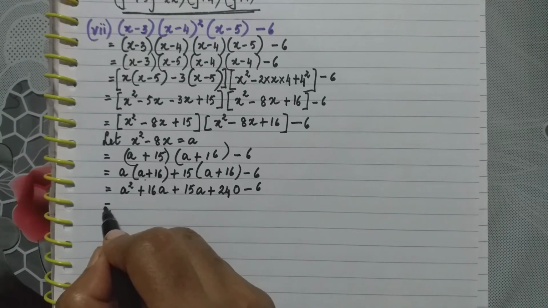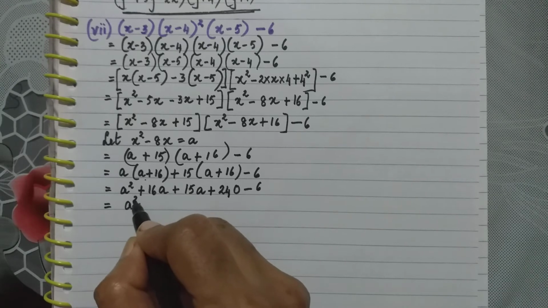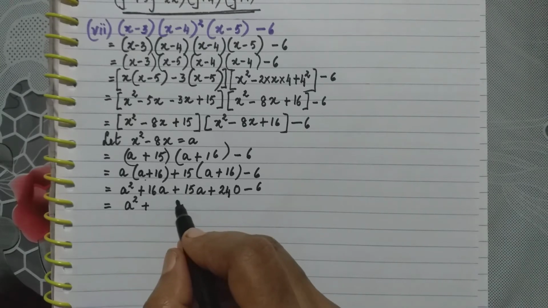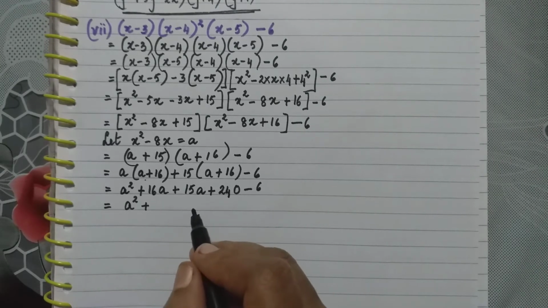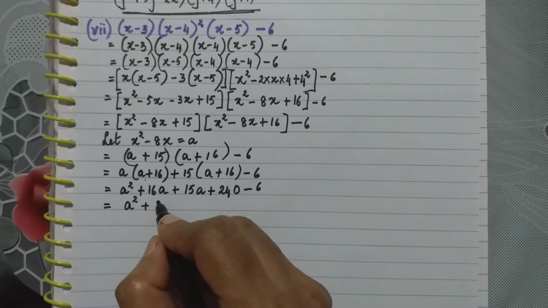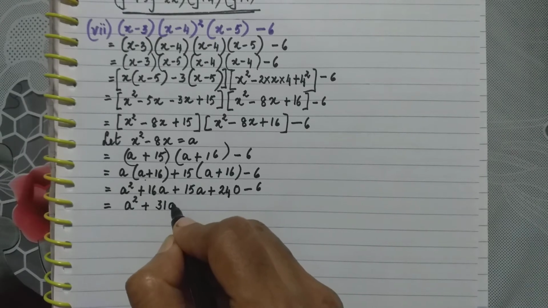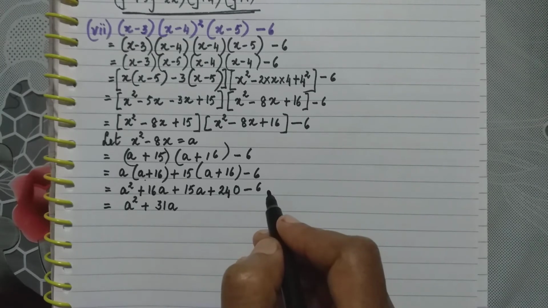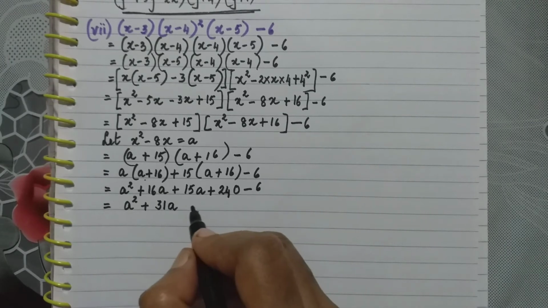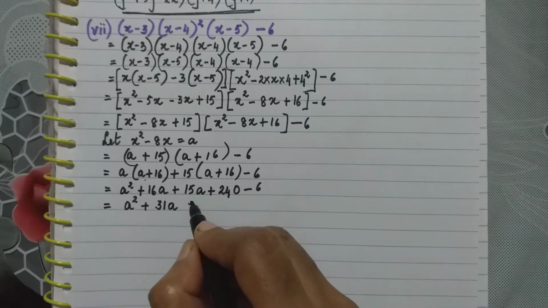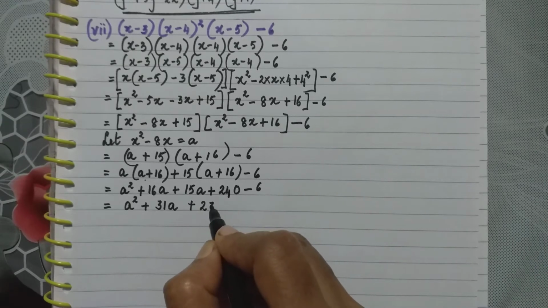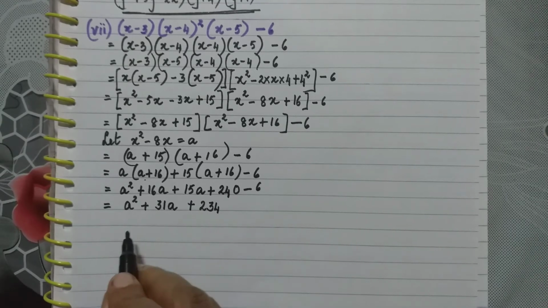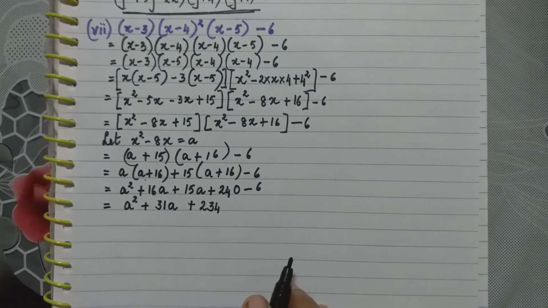So this becomes now a square plus 16a plus 15a will be 31a plus 240 minus 6, that is from 240 when we remove 6, this becomes plus 234. Okay, so now we have reached a trinomial.